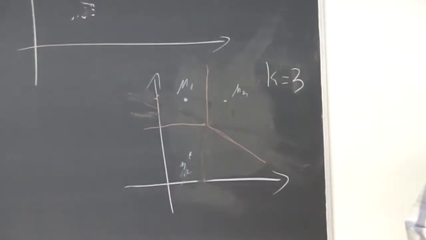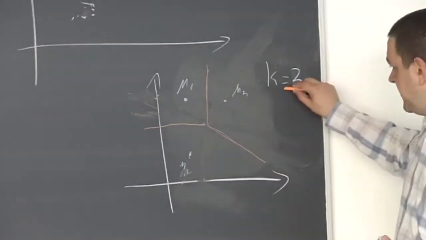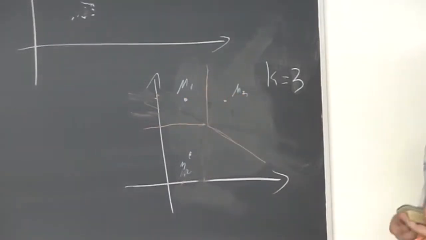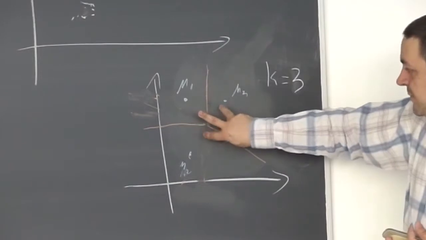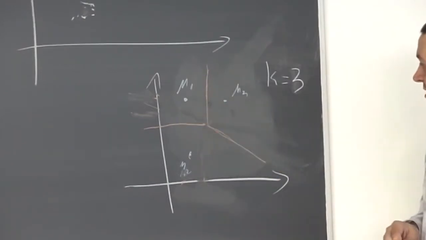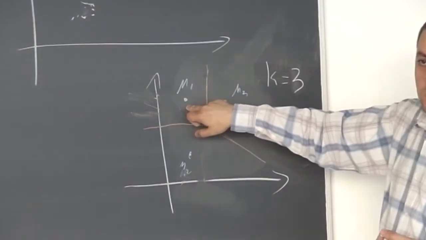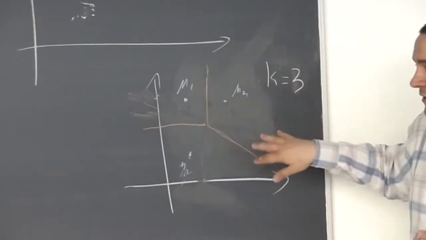So the idea is that every time we have 3 points, we are actually dividing our space into 3 parts, and each part is the set of points that are closer to one of the representatives with respect to the other.